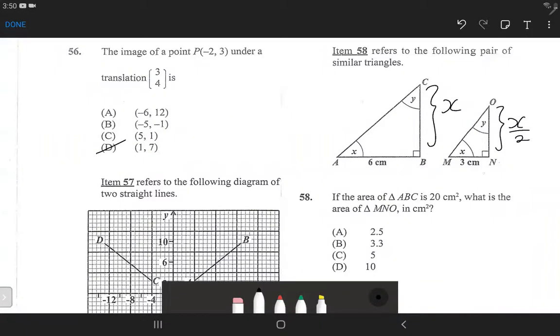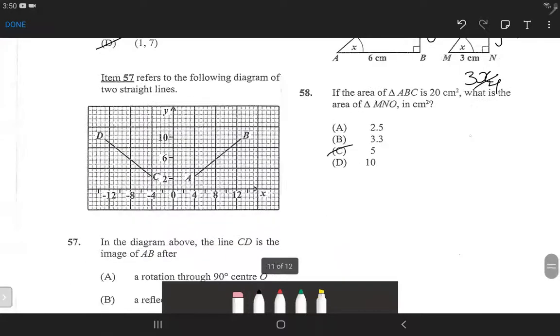So this one here is a half x by 6, which is 3x. This one here is a half x by 3, that is 3x over 4. All right, so that means the area is 4 times less, so that is 5.